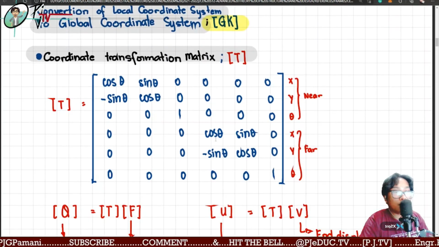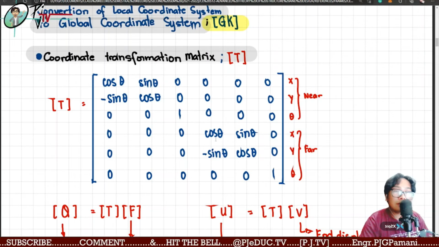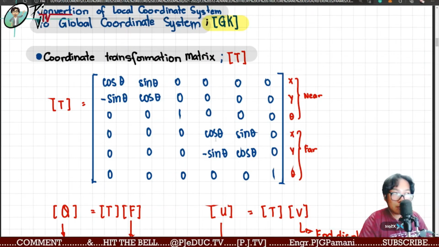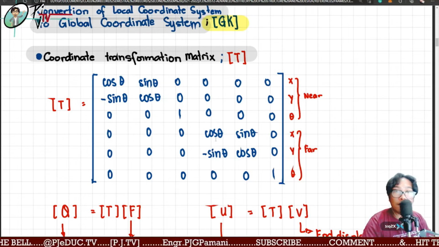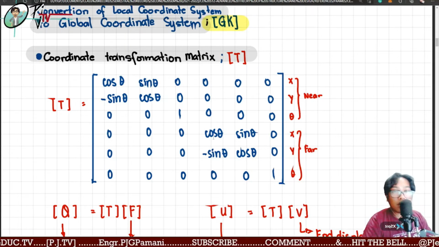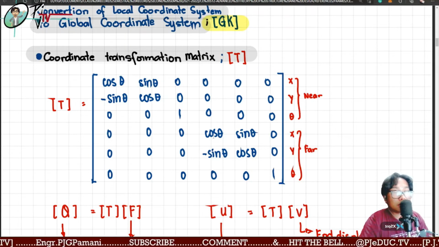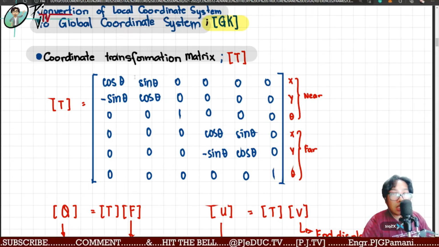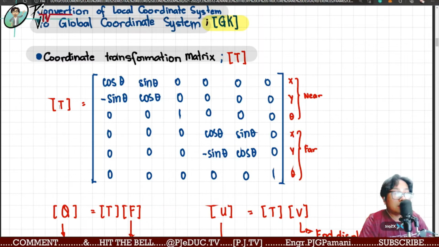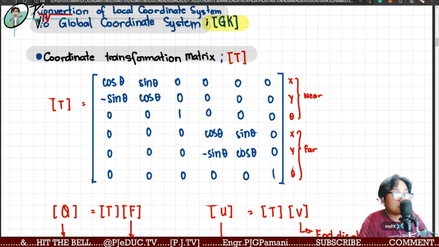How do we convert the local stiffness matrix into a global stiffness matrix? By identifying the transformation matrix of each member, following always the near far node conditions. Okay? So this is now the transformation matrix T of a member, such as shown here.